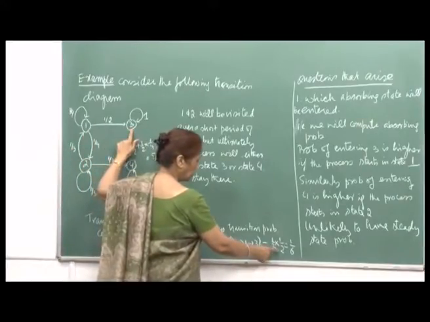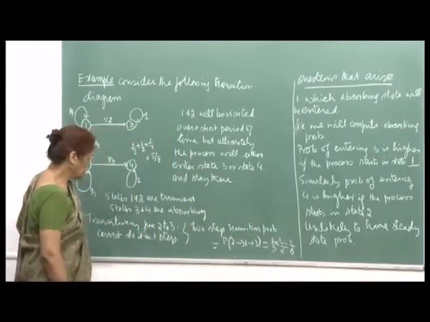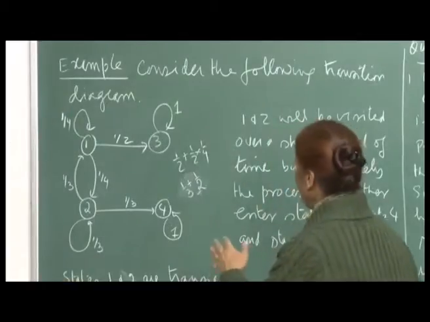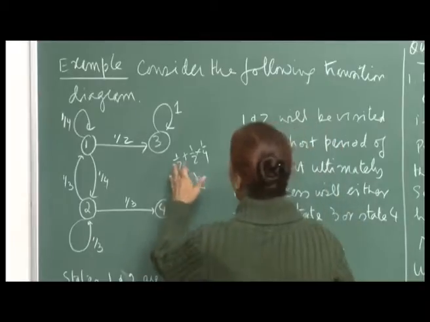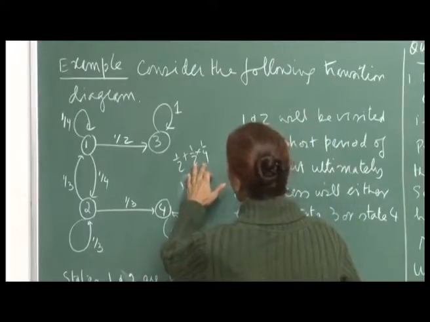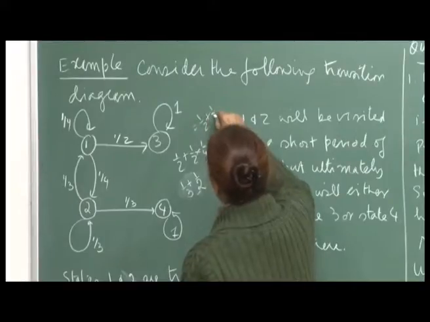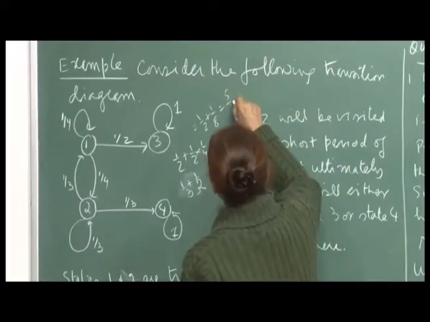So 1 by 3 into half is 1 by 6. This is the 2 step transition probability of going from 2 to 3. And half plus half into 1 by 4 is 1 by 2 plus 1 by 8, which comes out to be 5 by 8.